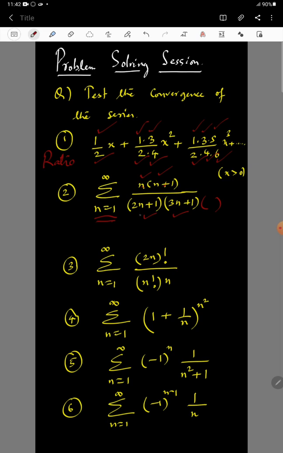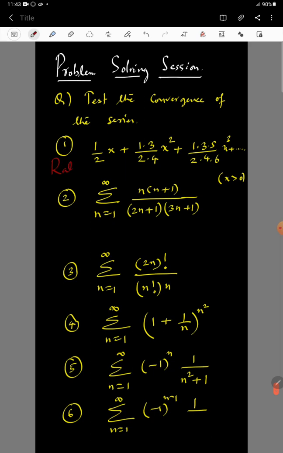You don't have increasing factors. If that is the case, then the best choice is limit comparison test. I'll come one by one. Limit comparison test for this one, ratio for this, limit comparison test for this.